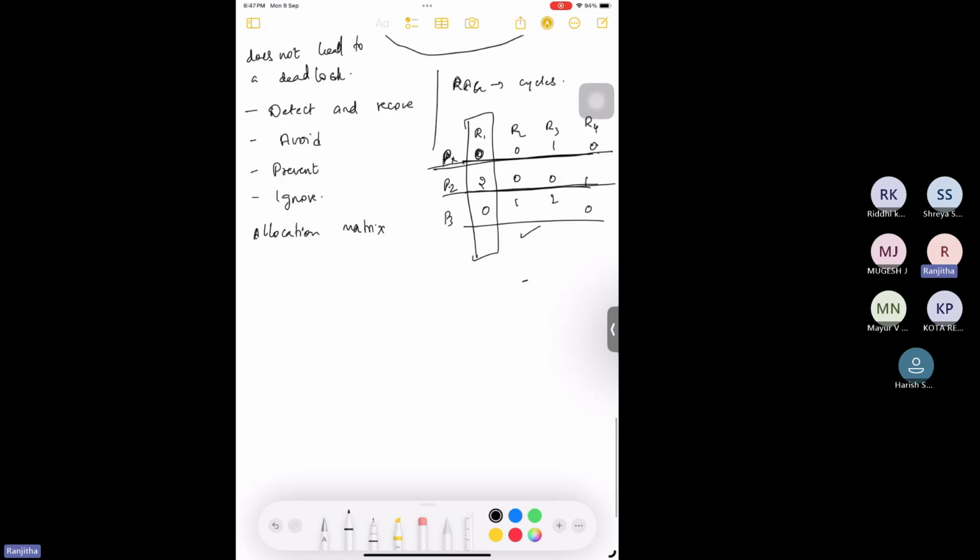Okay. So there is something called allocation, then requests, then we have existing resources, then we have free available resources.